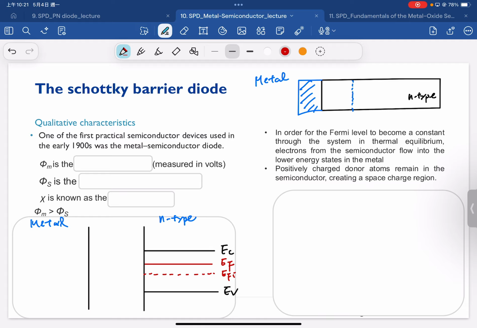Now we have to define several parameters here. The first one is the semiconductor work function, which is phi s. Phi s is the semiconductor work function. Also we have chi, which is known as the electron affinity.